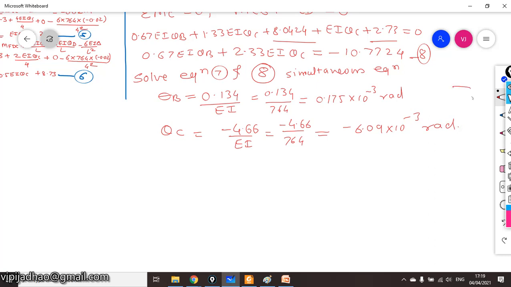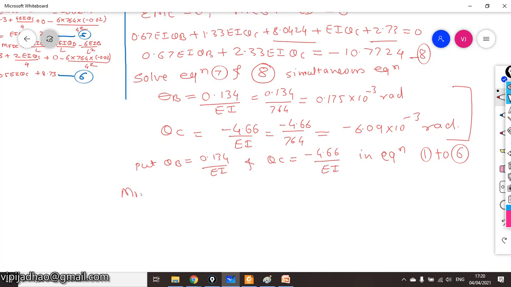Just put the value of these two terms, theta B, theta C, in the equations. Put theta B equal to 0.134 upon EI and theta C equal to minus 4.66 upon EI in equations 1 to 6, and we will get MAB.